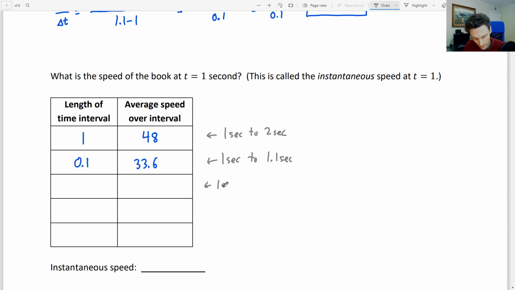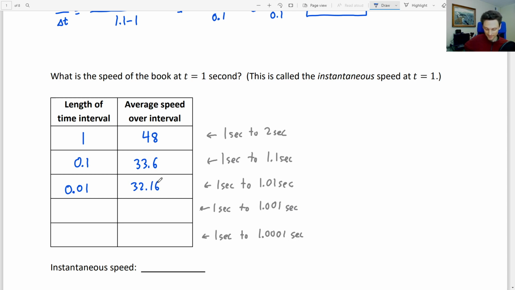So let's look at what happens when we go 1 second to 1.01 seconds, and then 1 second to 1.001 seconds, and then even farther, 1.0001 seconds. And we'll see if there's a pattern when our time interval shrinks.